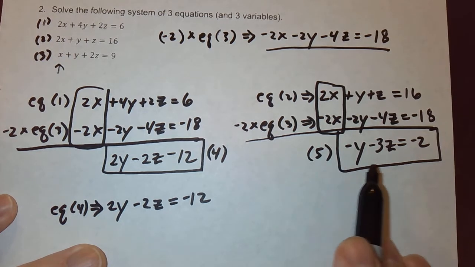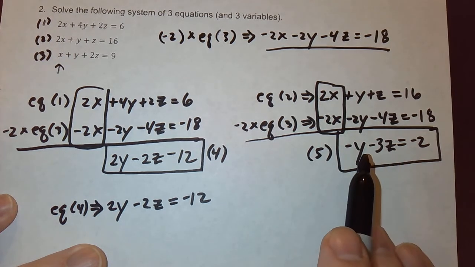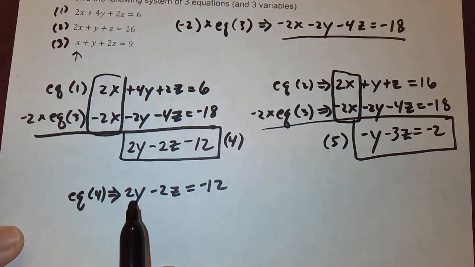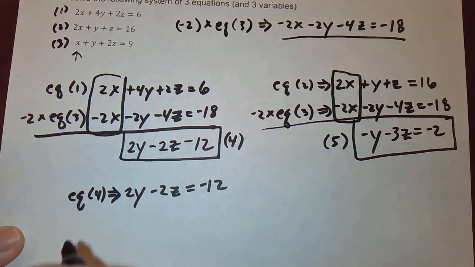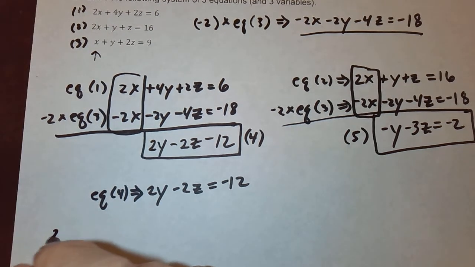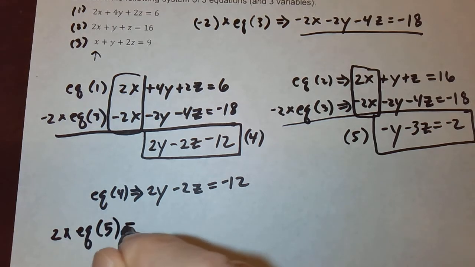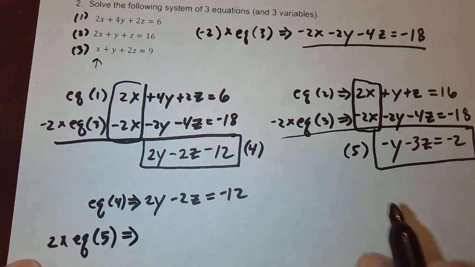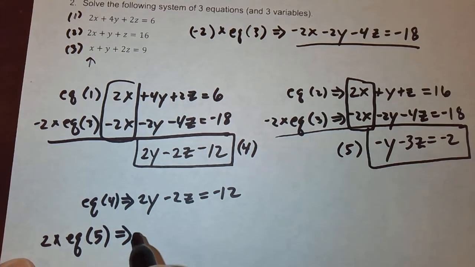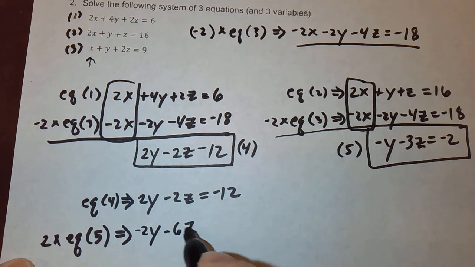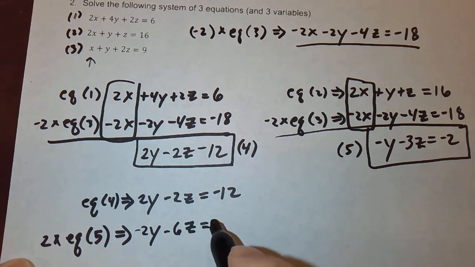If I were to double equation 5, I would get a negative 2y. So when I write it underneath here, I'd have a 2y and a negative 2y, and they would cancel each other out. So I'm going to write 2 times equation 5, which would give us negative 2y minus 6z equals negative 4.